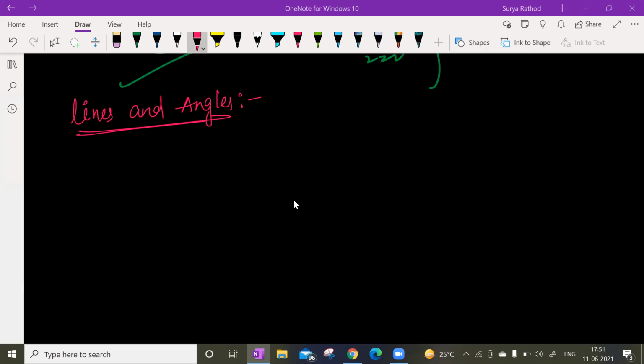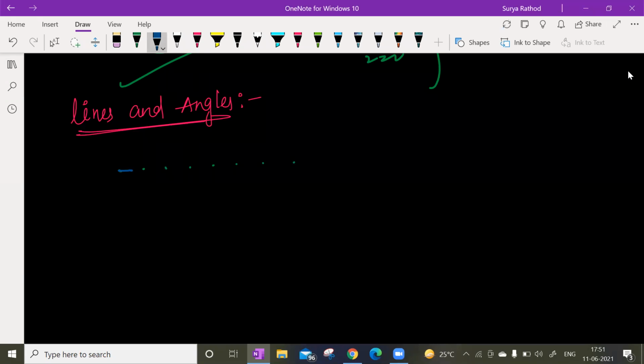Guys, look at this. When I was starting Euclid's geometry, the introduction to Euclid's geometry, we were talking about a line, right? Collection of all points together. If you collect all points together, that is going to be called a line, as simple as that. Look at this. This is a point, this is a point, this is a point.